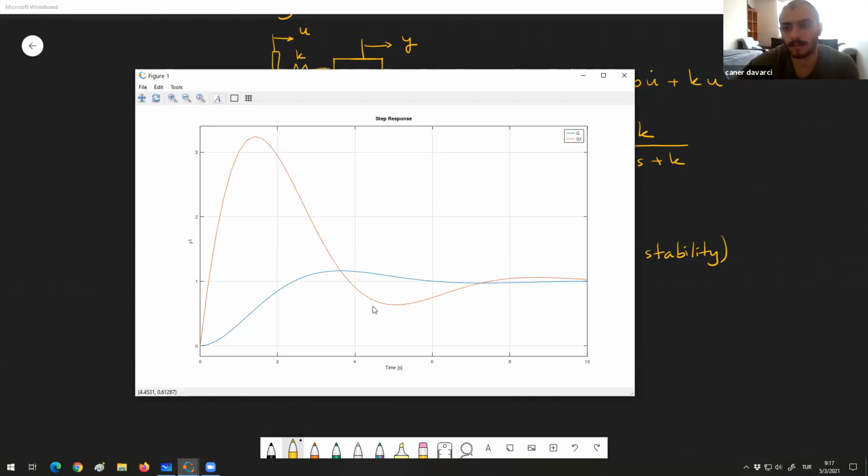Yes, hocam. It just comes out that way, though. Physically, it doesn't have too much of an explanation, I suppose. You could explain it physically. But the one that has zero, the transient response has a very high overshoot, as you see.